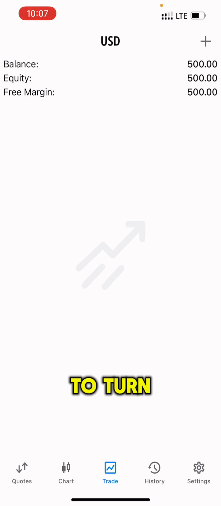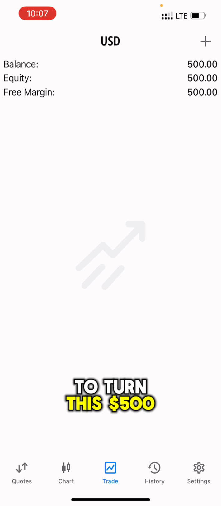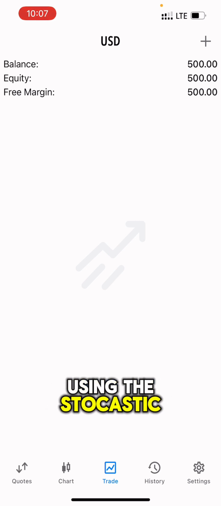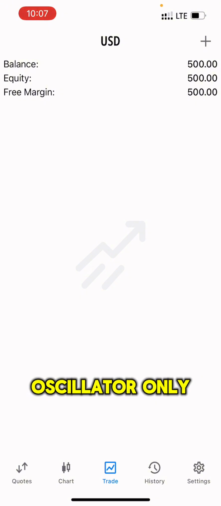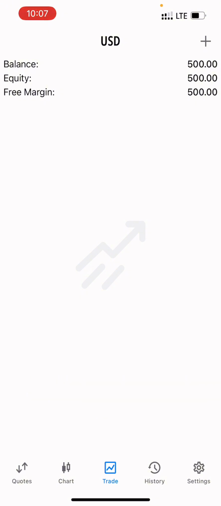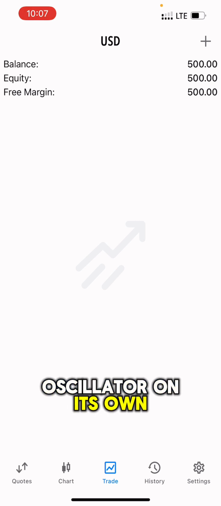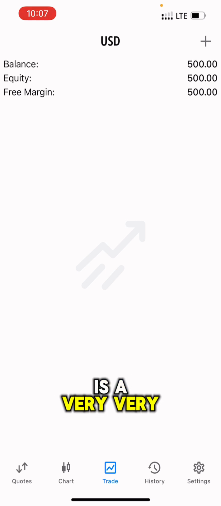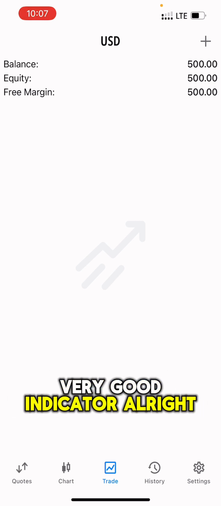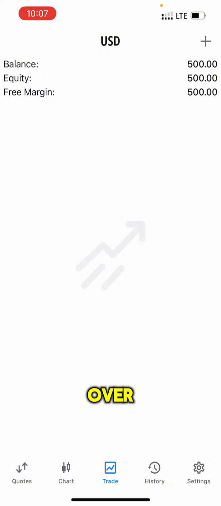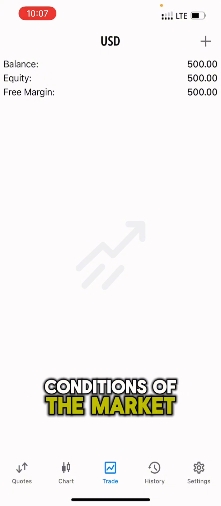Today we are going to turn this $500 into $1,000 using the stochastic oscillator only. Remember that the stochastic oscillator on its own is a very good indicator, because it measures the overbought and oversold conditions of the market.